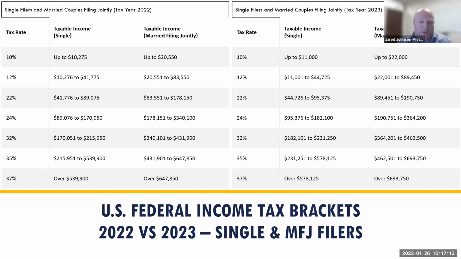For single people, that's for income over $578,000 in 2023, and for married individuals, it's for income over $693,750. It's a marginal system, so you're taxed at marginal rates.